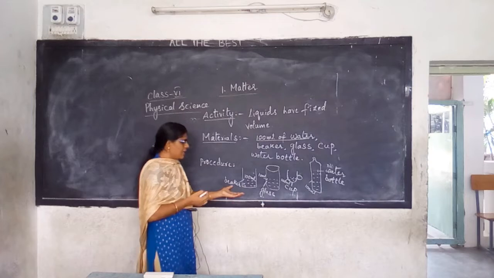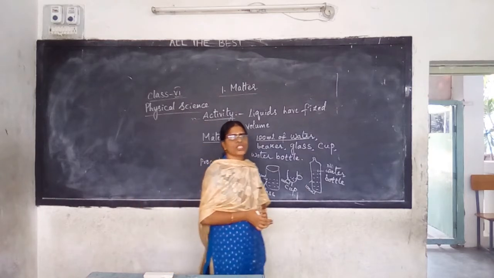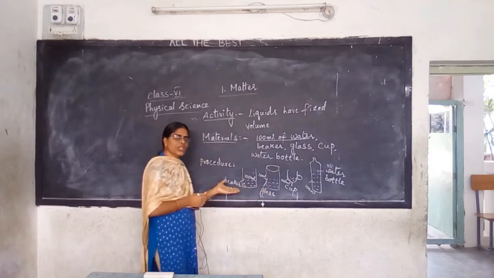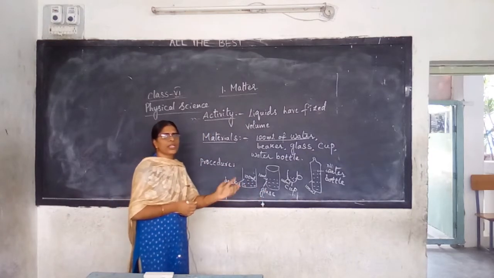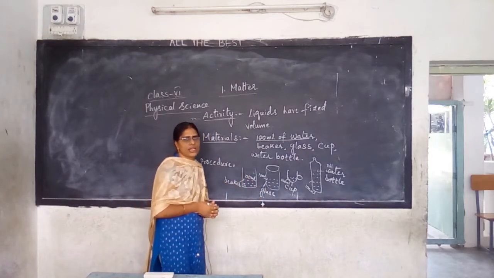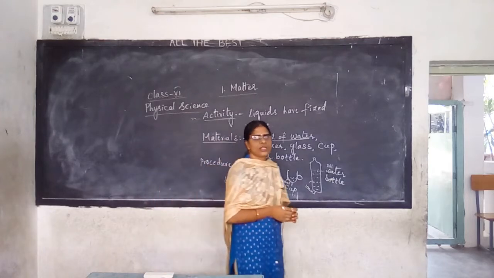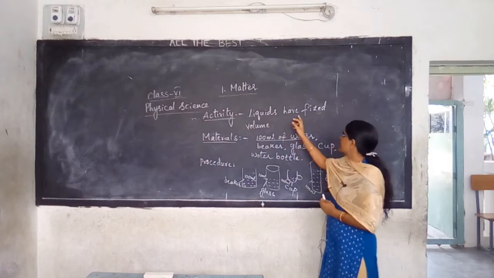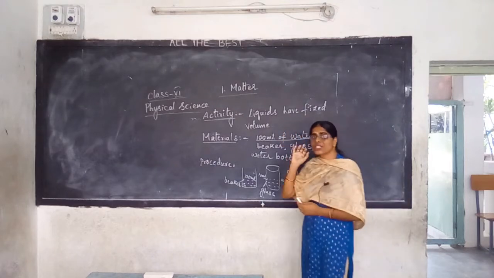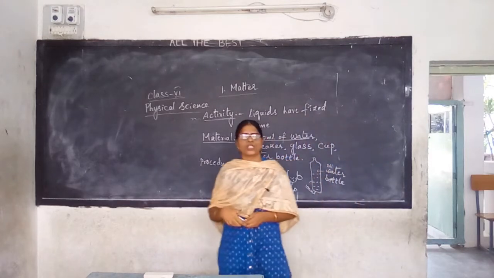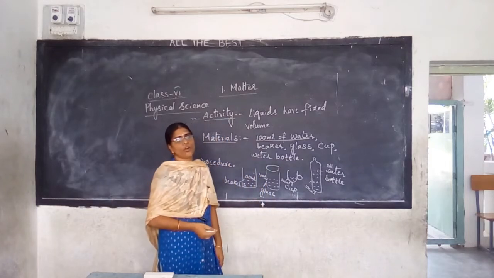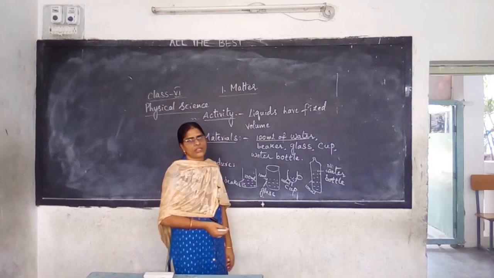Here, volume is fixed, but the shape of the liquid depends on the container. Thus, we conclude that liquids have fixed volume, but they will take the shape of a container.